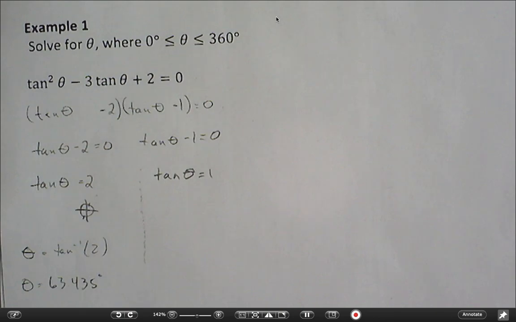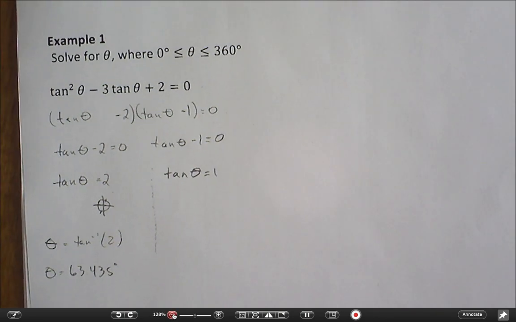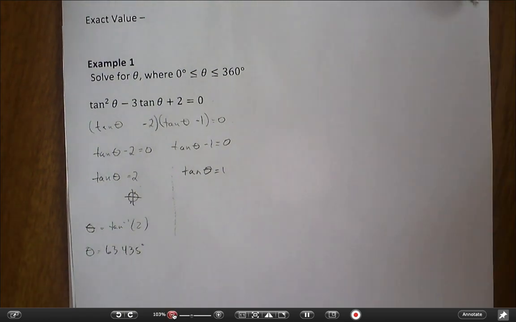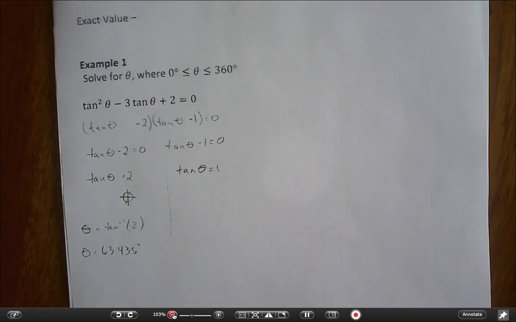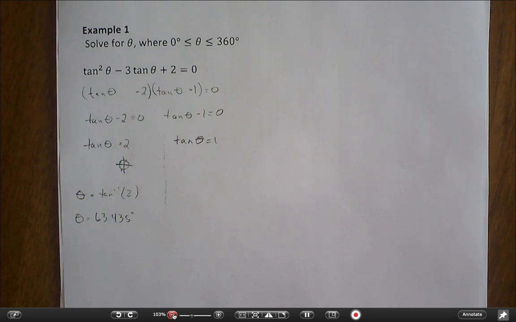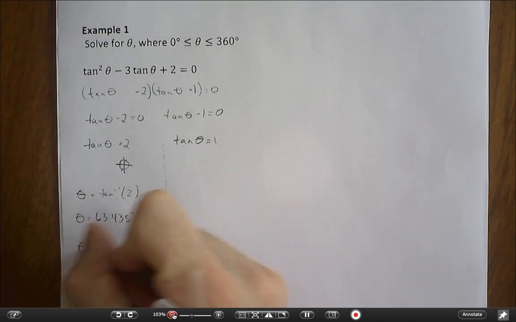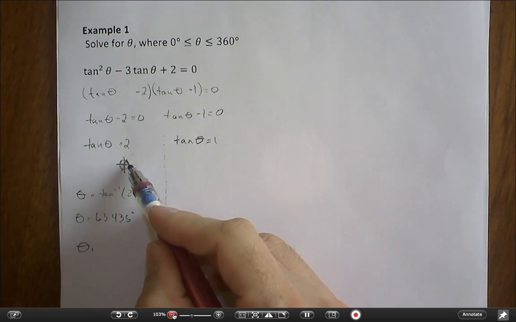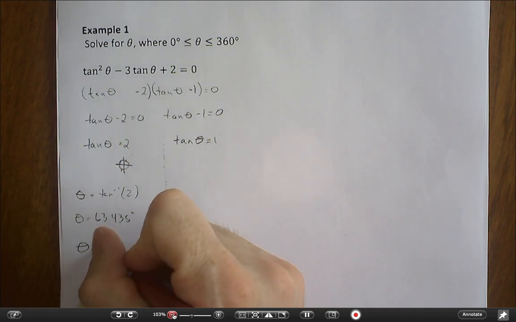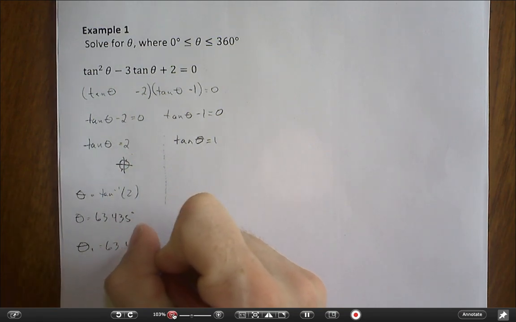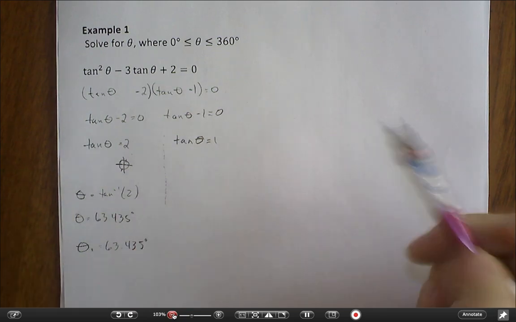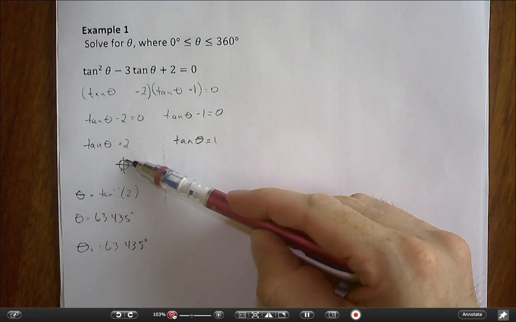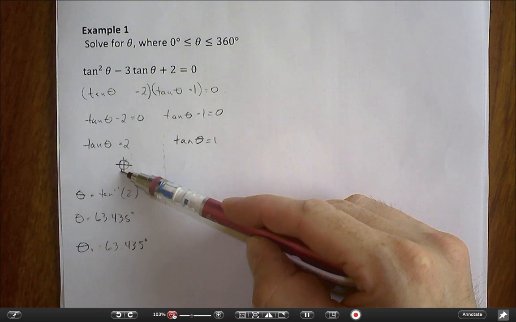Maybe I'm going to give myself some more space on the paper here. It's never fun when we run out of space. So from this, I can get my theta 1 solution. So this solution up here is going to be 63.435 degrees.